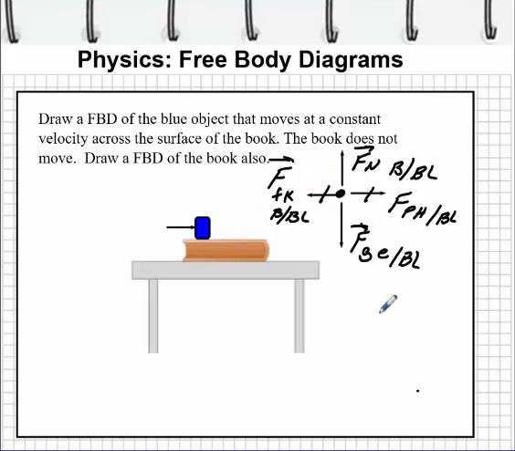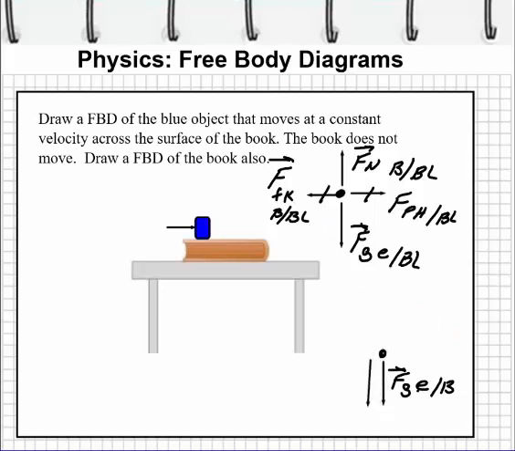And if I was drawing the free body diagram of the book, I'd have the force of gravity of the earth onto the book. I'd add the force of the blue onto the book.